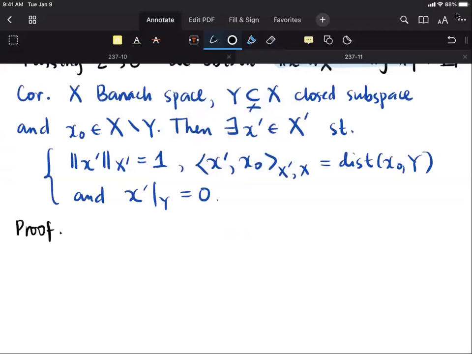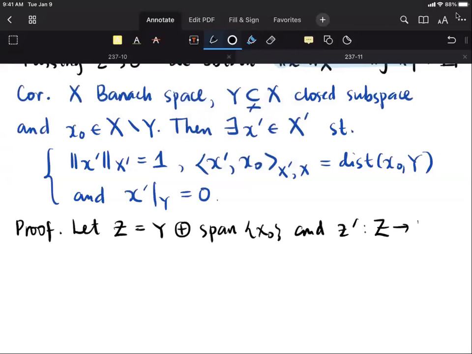So let us look at the proof of this theorem. So let us define a larger subspace Z, namely the direct sum of Y and the linear span of X naught. Or I should say Y plus the linear span of X naught. And define Z prime from Z to R as follows.